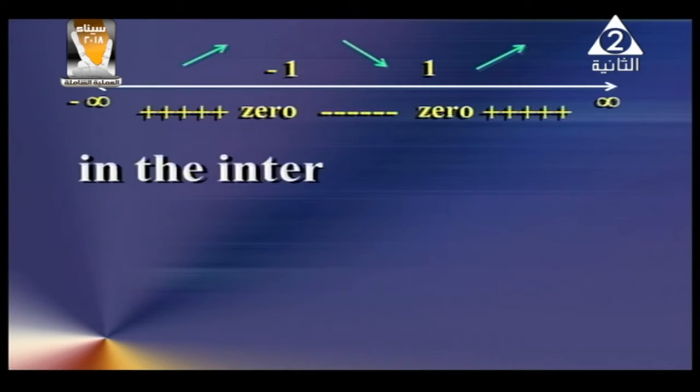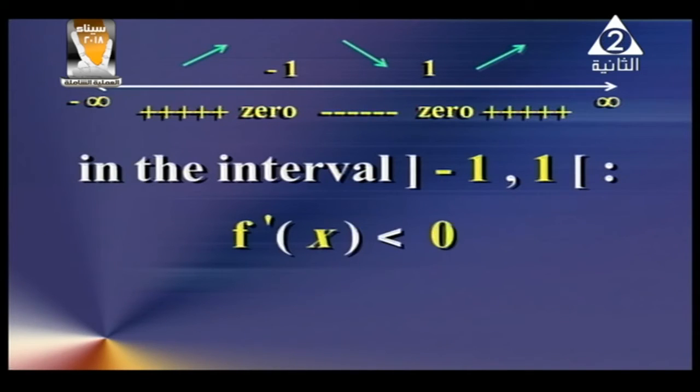For the second interval, the open interval from negative 1 to 1, take any number belonging to it, such as 0. Then f'(x) must be smaller than 0, which means negative.